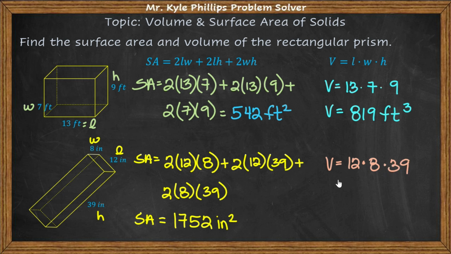And that's going to give us 3,744 cubic inches. Okay, so this is a rectangular prism. Let's look at some different types of solids.